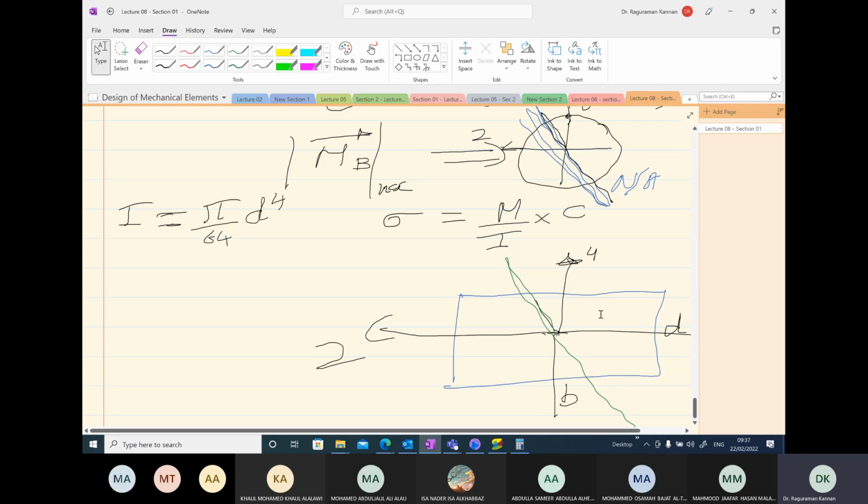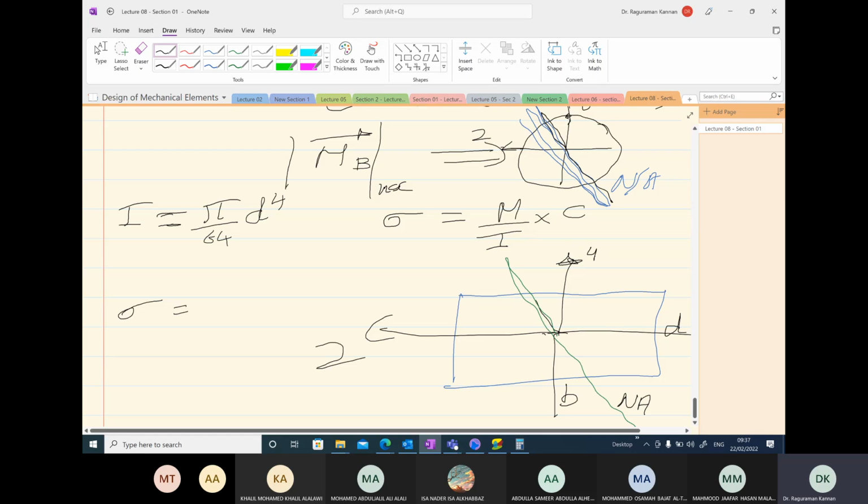To calculate stress about the neutral axis is extremely tough. For a rectangular section, we have to integrate and figure it out. Rather, I'm going to write my sigma formula differently.